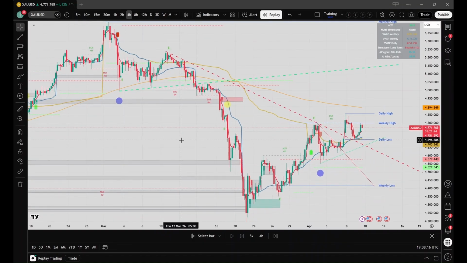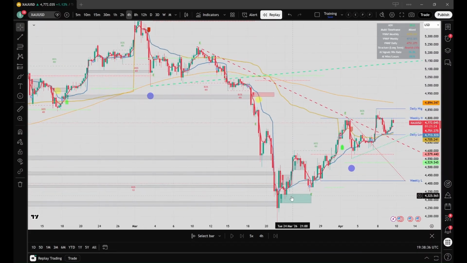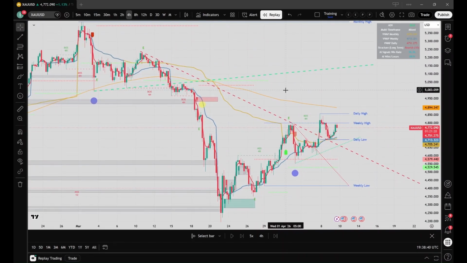So to summarize, they're key areas where price is likely to return, react, or rebalance, but they can also act as resistances. If you're sitting below a bearish brain zone, it will act as resistance. If you're sitting above a bullish brain zone, it will act as support. So it's as simple as that.